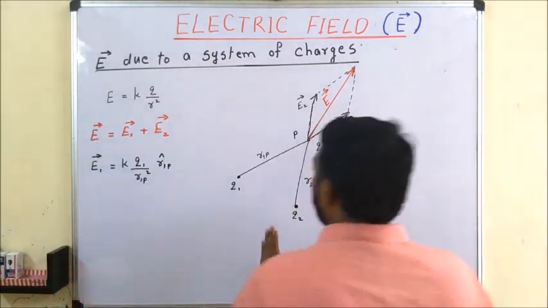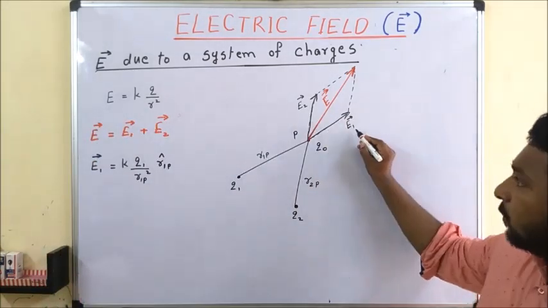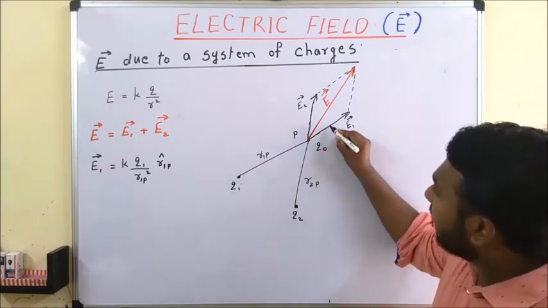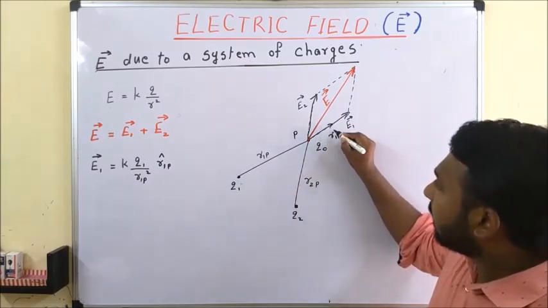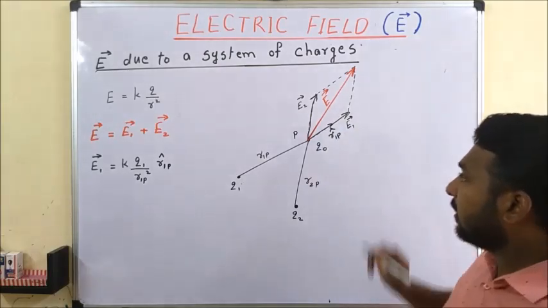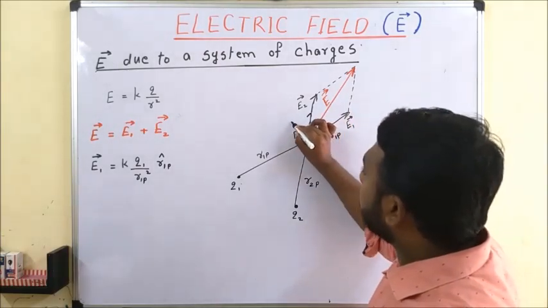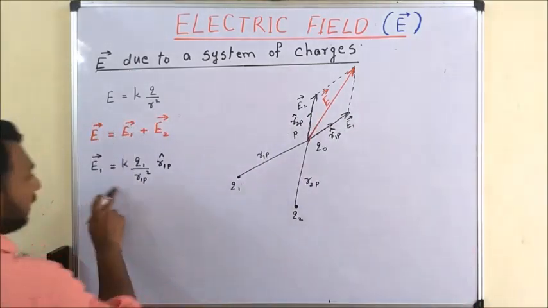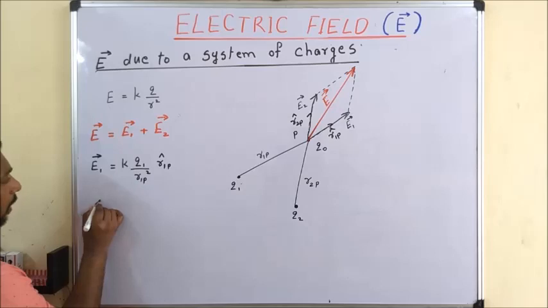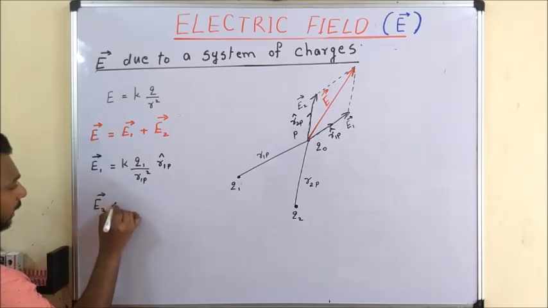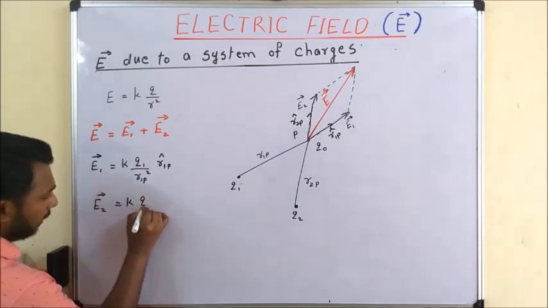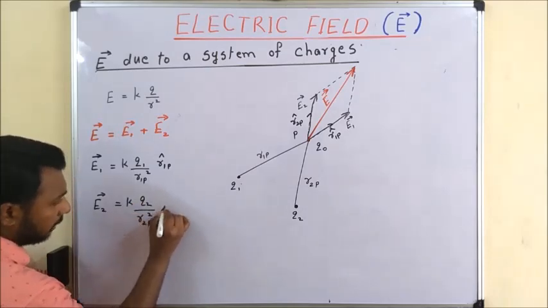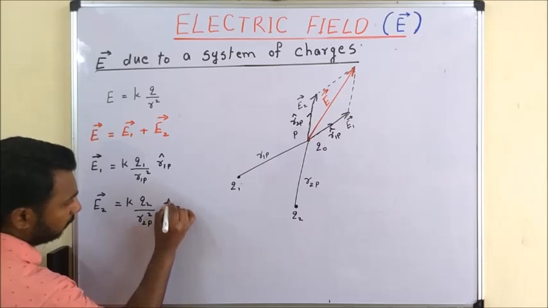It means the direction of force or electric field from Q1 to Q0. So this is the direction of R1P. It's a unit vector. The same way, in this direction, the unit vector will be the R2P unit vector. So we have the E1 value, and similarly, E2 is equal to K Q2 divided by R2P square, times the unit vector R2P.